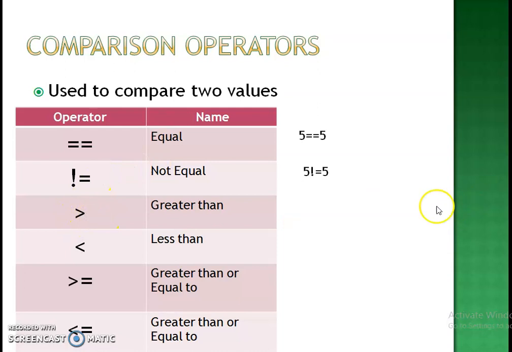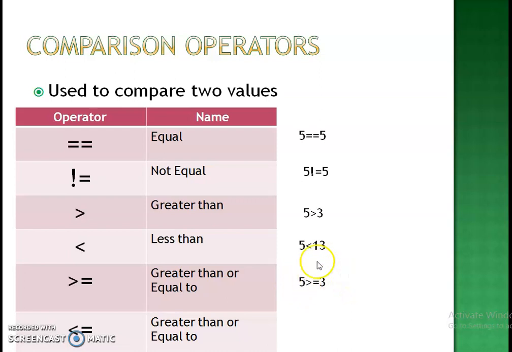Then the next one is greater than. It is used to compare two values. When I check 5 is greater than 3, the value of 5 is greater than 3, the condition is true, so it returns true. Then when I check 5 is less than 13, 5 is smaller than 13, so it automatically returns true. The next symbol is greater than or equal to: 5 is greater than or equal to 3 also returns true.